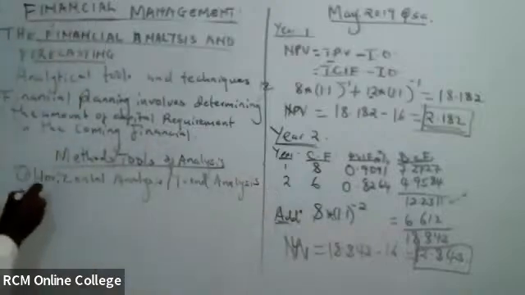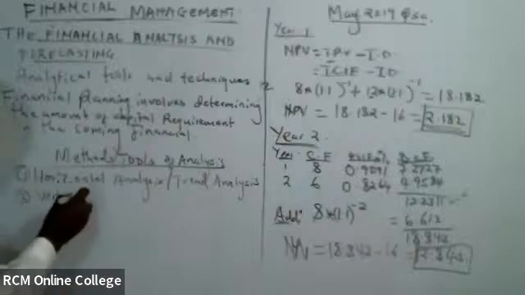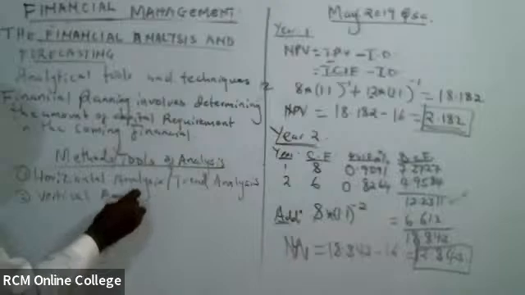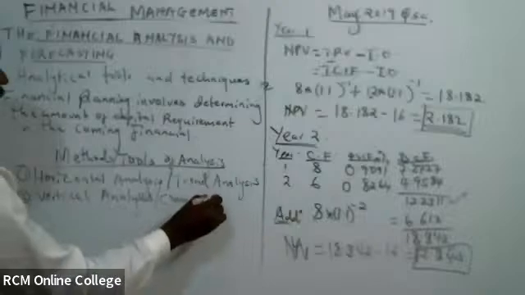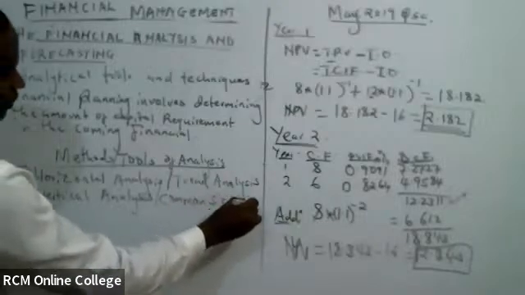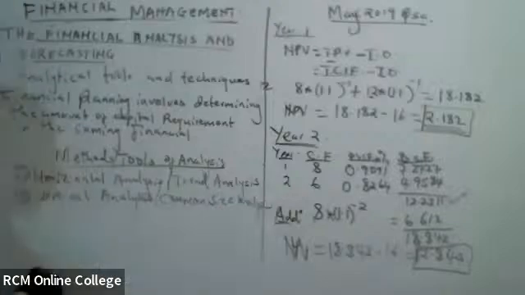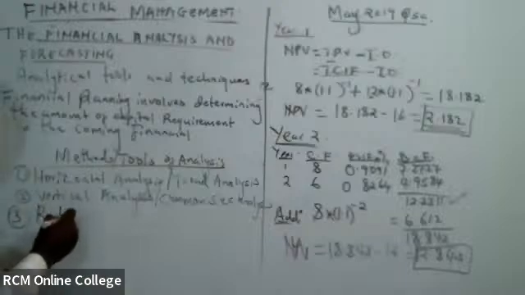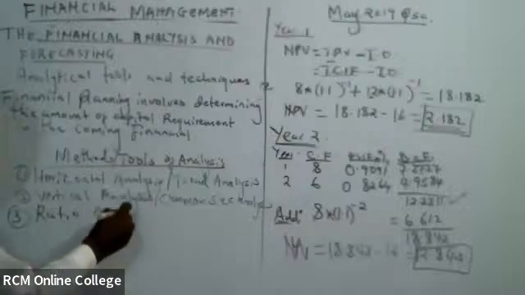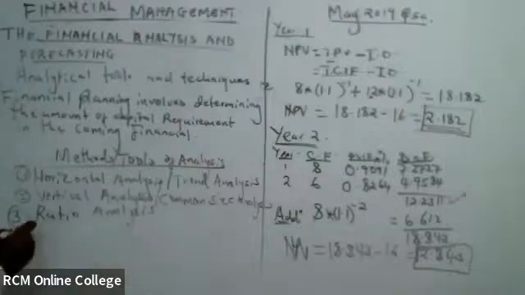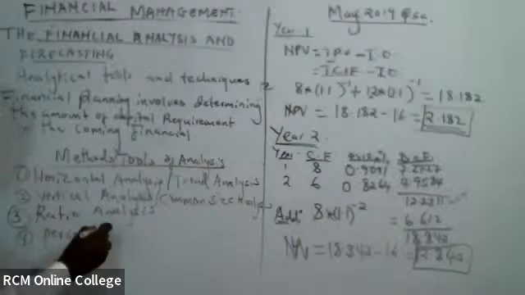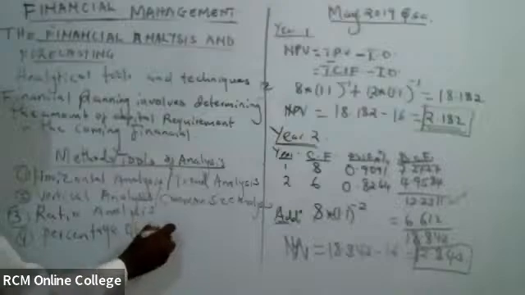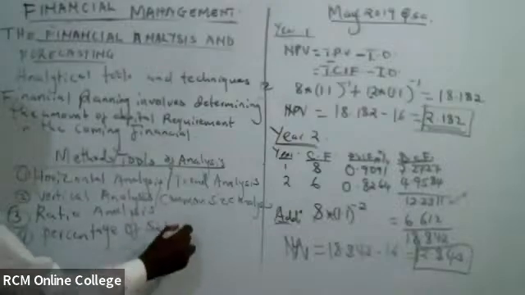We have vertical analysis, and vertical is the same as common size analysis. Then number three is ratio analysis. And we have the percentage of sales method.